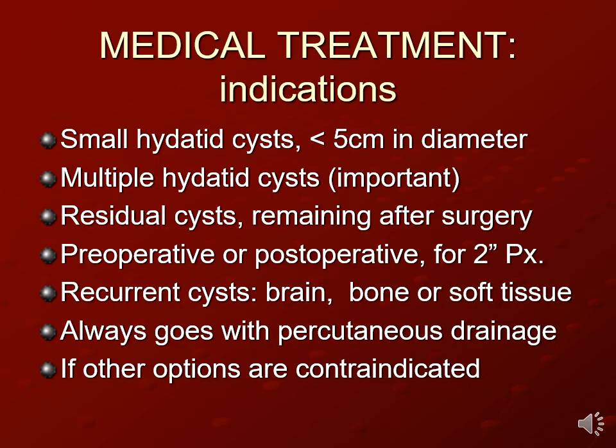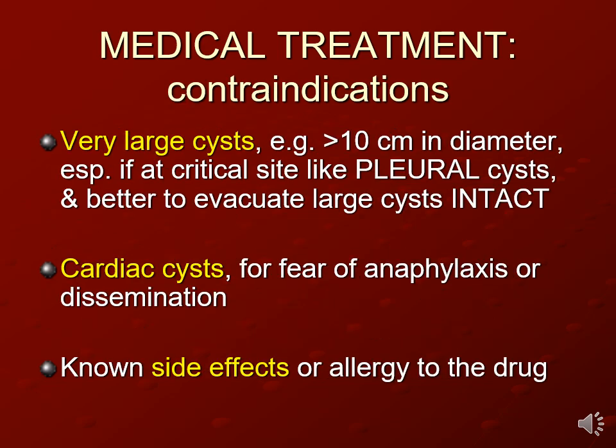Pre-operative or post-operative medical therapy is very well applicable, as we said, in combination approaches to treat the patient. Recurrent cysts, like in the brain, bone, or soft tissue, and they tend to recur there. Always it goes with percutaneous drainage, and if other options are contraindicated, surgery or PAIR.